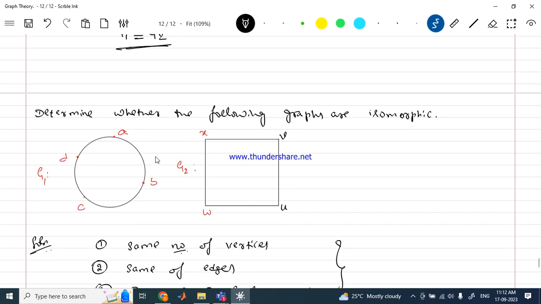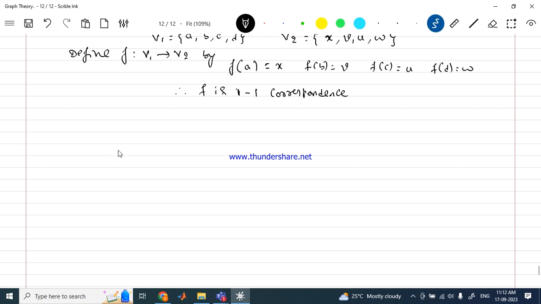The second condition I need to prove now. Here we can note that vertex adjacency is preserved. How do you show this?